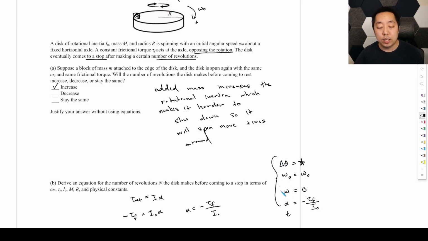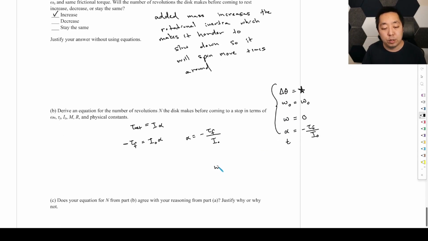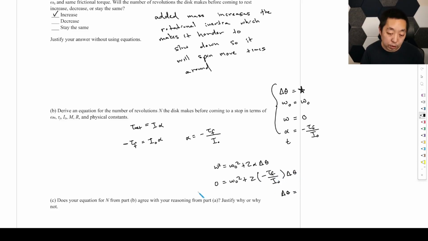So we're going to use the kinematic equation that relates those four variables. That's going to be 0 is equal to omega naught squared plus 2 times negative torque over I0 times delta theta. The delta theta, this is going to be in radians, by the way, but we're going to move it over, and then you get omega naught squared times I0 divided by 2 tau f if you solve that equation.